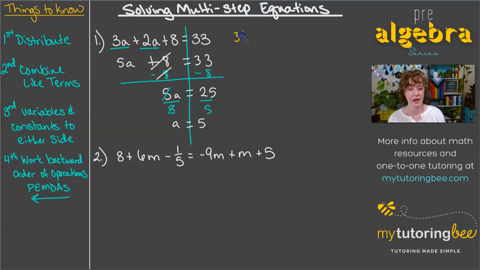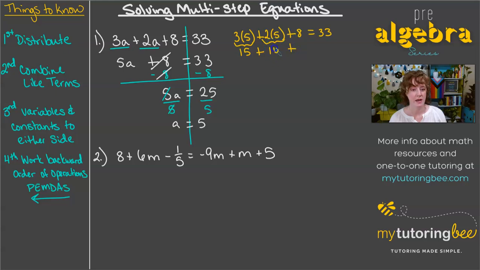So we've got 3a. Instead of a, I'm going to substitute in that 5, plus 2 times 5, plus 8 equals 33. All right, now we're using order of operations to solve each side of this equation. So 3 times 5, that gives us 15. And then 2 times 5, that gives us a positive 10.